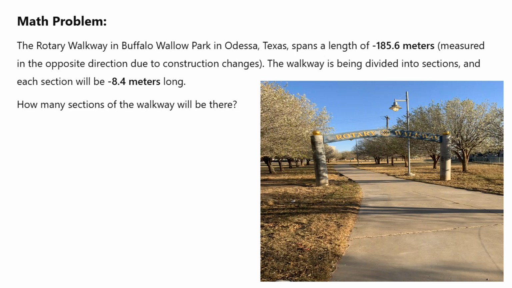The walkway is being divided into sections, and each section will be negative 8.4 meters long. So the question is, how many sections of the walkway will be there?